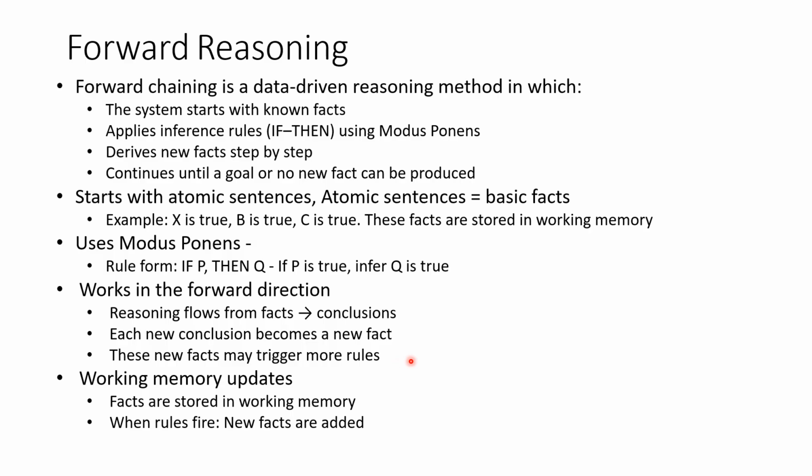We store them in the working memory. So initial facts are loaded, and when a rule fires, new facts are added, and this memory keeps growing during reasoning. So forward chaining is data driven and backward chaining is goal driven. So all these properties explain why forward chaining is called data driven reasoning.